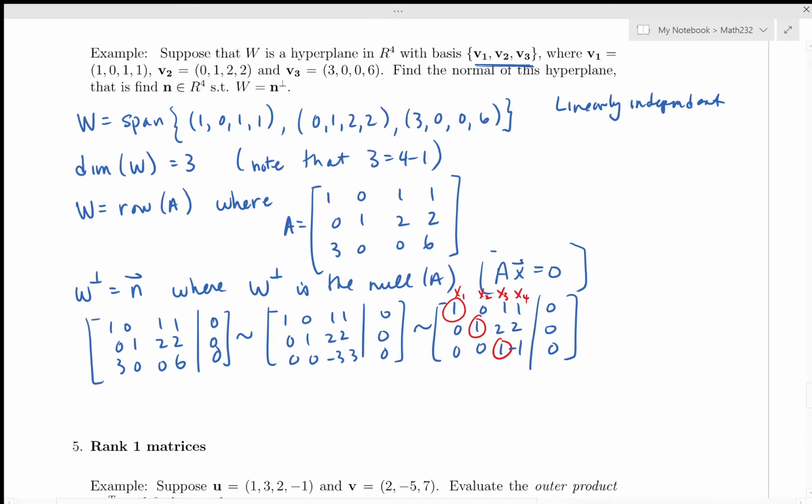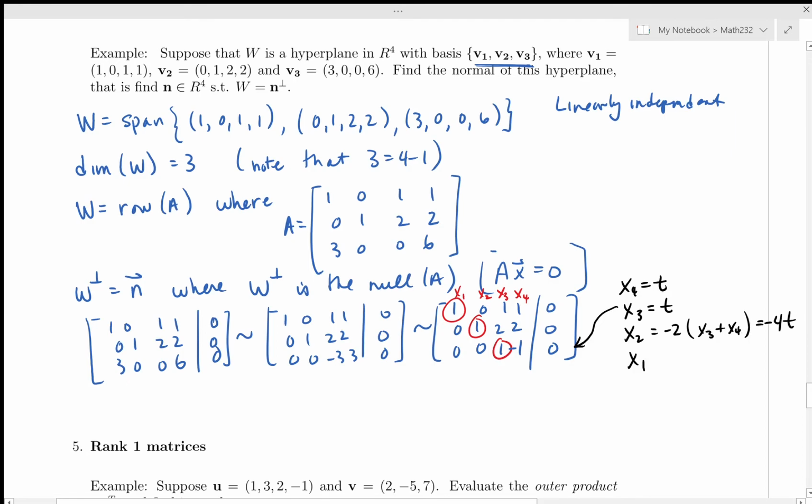Okay. So let me write out: x4 is equal to t, and then x3 is the same as x4. Then x2, coming from this row here, looking at the next row up, x2 is minus 2 times x3 plus x4, and that's 2t, so this is minus 4t.